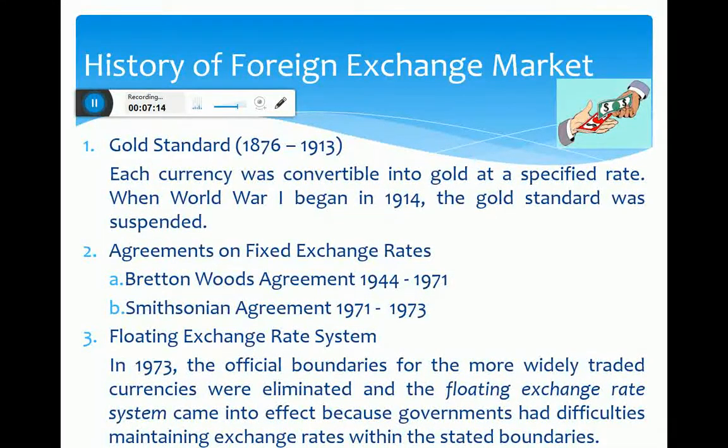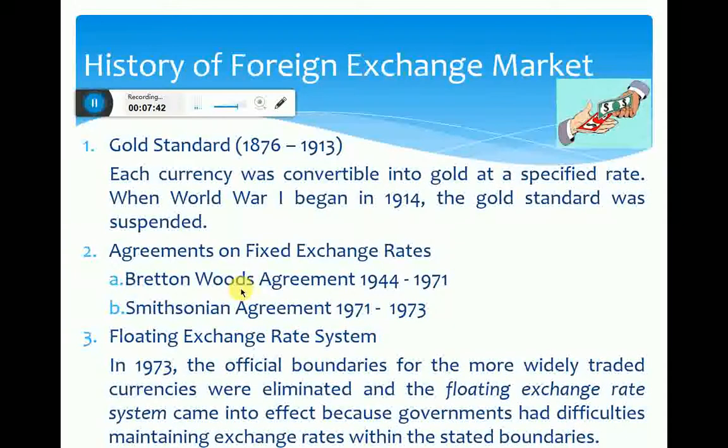The power or the rate of the dollar was taken from gold, and for the rest of the currencies throughout the world, it was determined what rate should be used by each country against the dollar, and that agreement is called the Bretton Woods agreement.